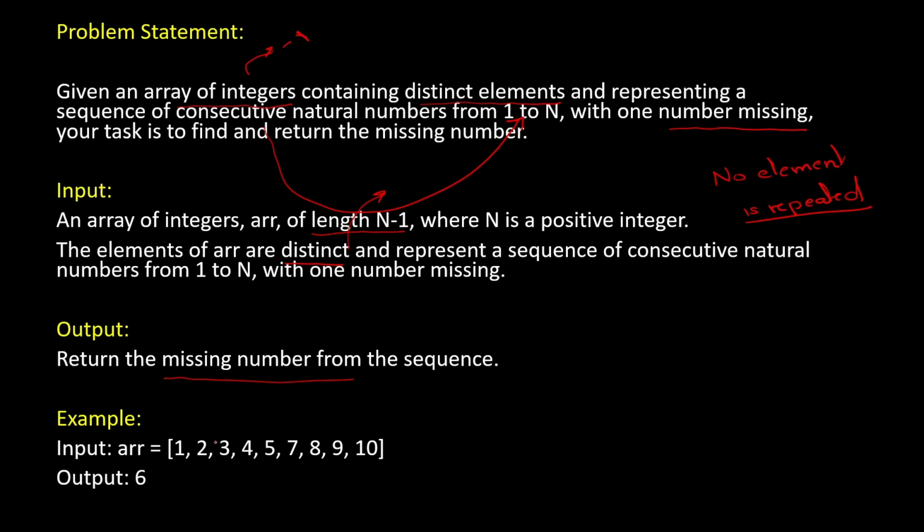One example we can take here: an array of 1, 2, 3, 4, 5, and 7. 6 is missing obviously, so our output would be 6. Whenever you see this problem, the first thought you will get is obviously to loop through this array.